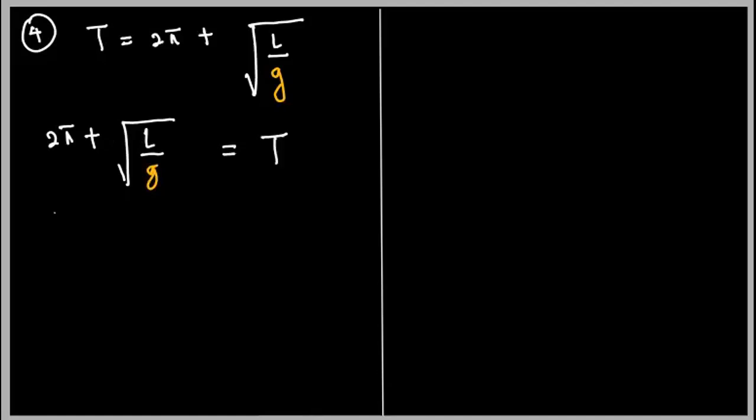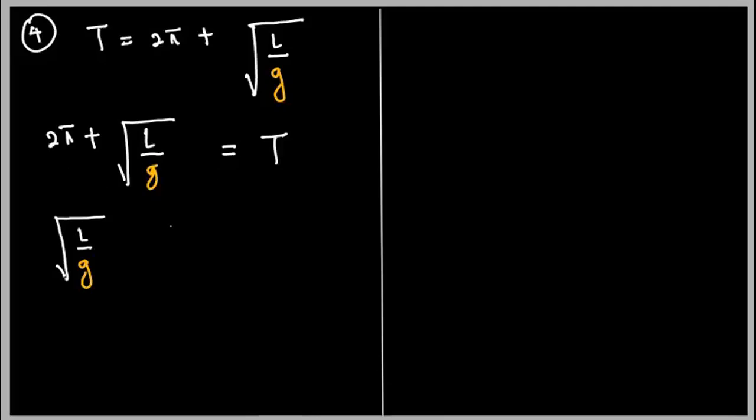Since these two are not multiplying, there is no need for dividing both sides by 2 pi. I can easily take 2 pi from the square root by crossing over. And then if I cross over, we have the square root of L over G on the left hand side.